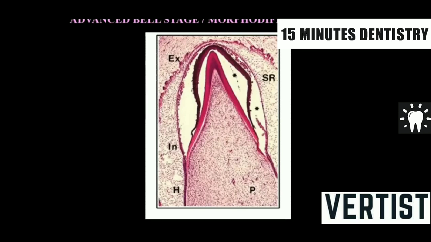And you cannot see enamel in this section because these are decalcified sections. Remember, in decalcified sections, you cannot see highly calcified enamel because it gets dissolved during the decalcification procedure. If you want to see any hard structure, then you are supposed to see it under a ground section.